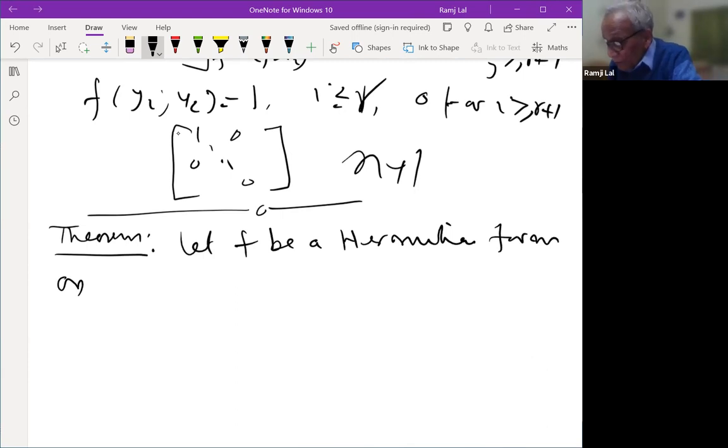Let me first do this for the real case, and then I will do it for the complex case.